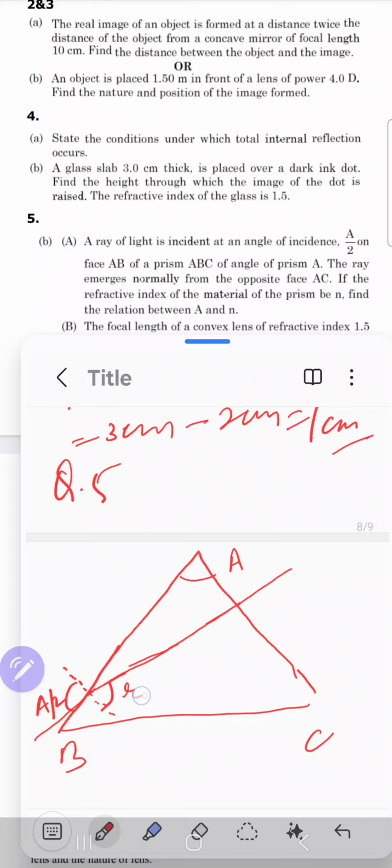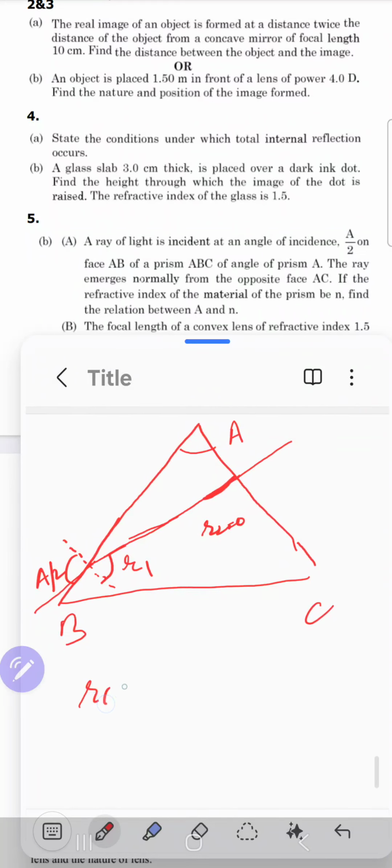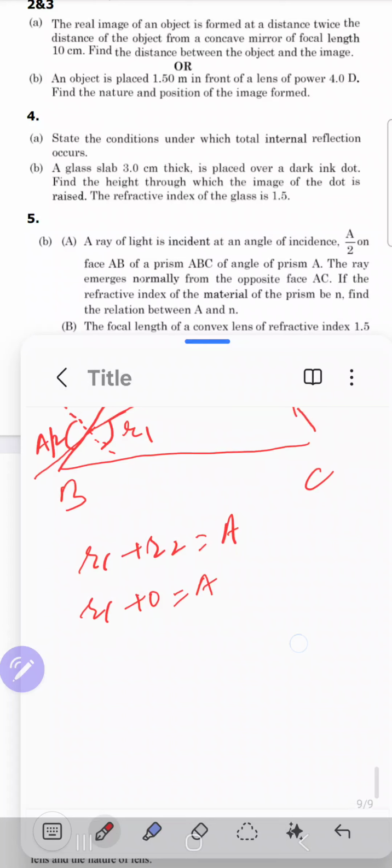Here this is angle R1 and R2 here is 0. As we know that R1 plus R2 is A, so R1 plus 0 is A, so R1 has to be equal to A, and the angle outside is A by 2 as per the question.